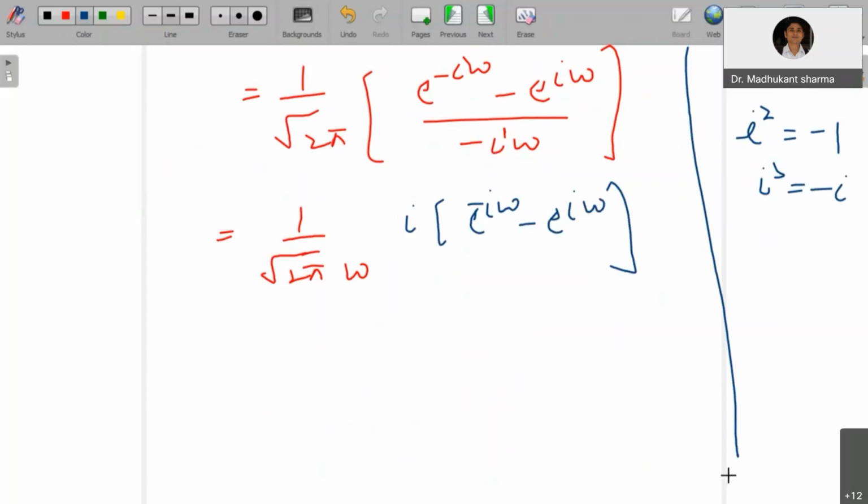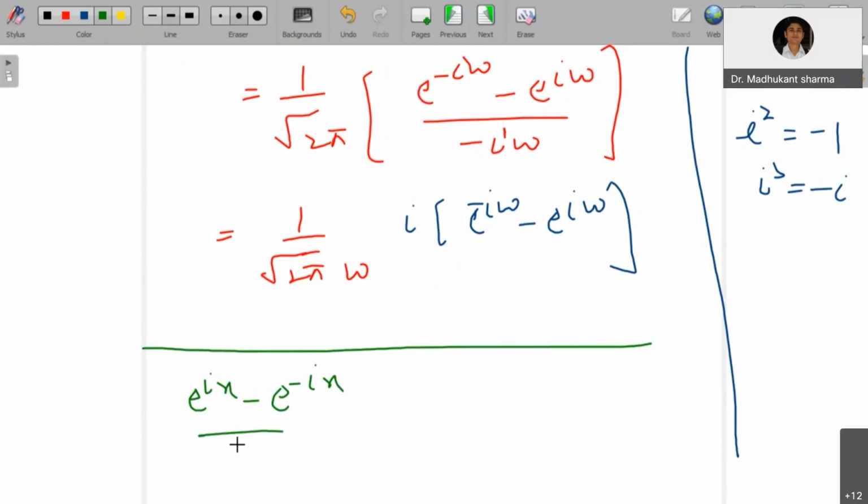You can leave it as it is, or you can use the formula that e to the power ix minus e to the power minus ix divided by 2i is equal to sine x. Because of Euler's formula, cos x plus i sine x, and also cos x minus i sine x, the cos x will cancel and you have 2i sine x. So you can also use that fact.